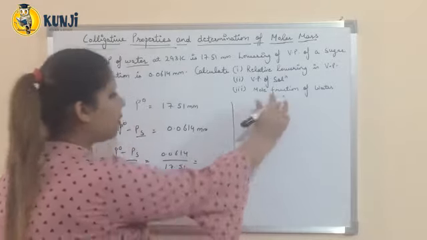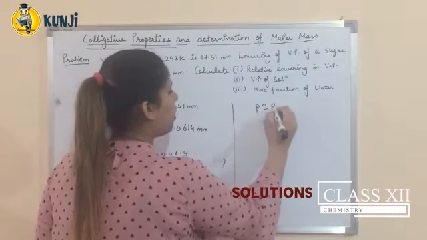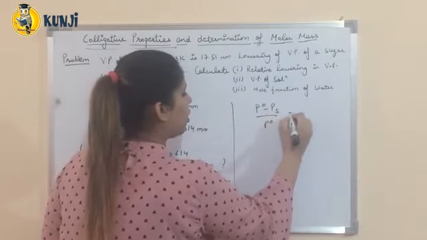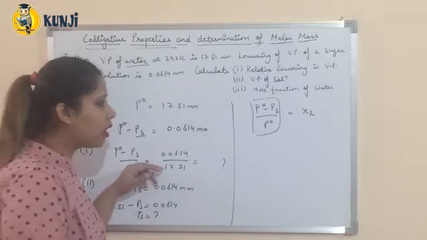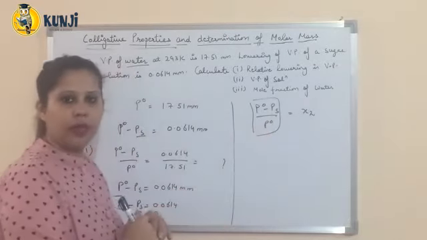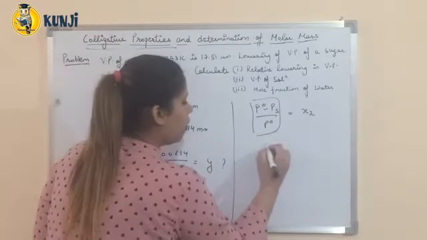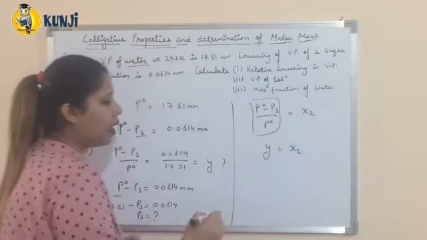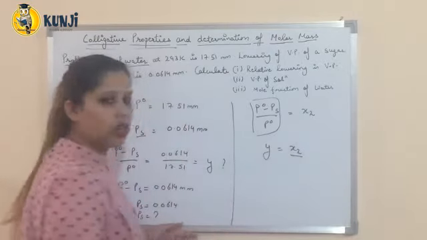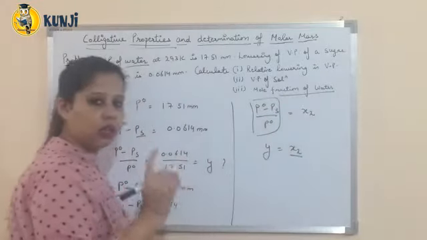And third, you have to calculate the mole fraction of water. We have the formula P0 minus Ps upon P0 is equal to X2. In the first step, we have already calculated the value of P0 minus Ps upon P0. Let's say it is Y. So we get Y is equal to X2. X2 is the mole fraction of the solute, but you have to calculate the mole fraction of water, which is the solvent.